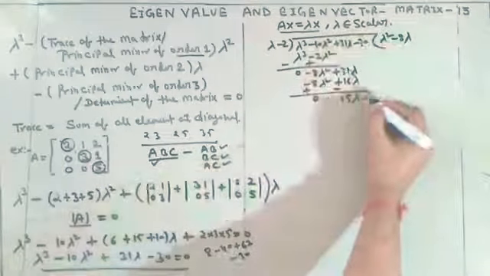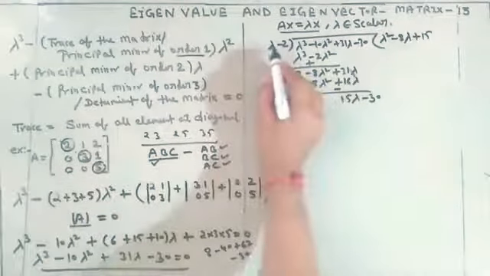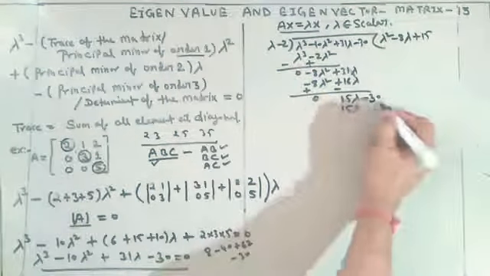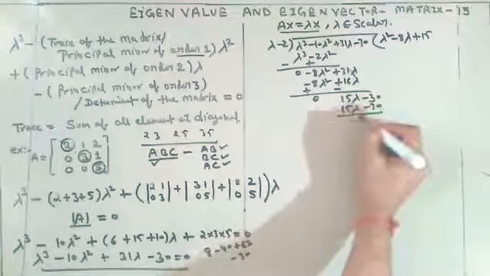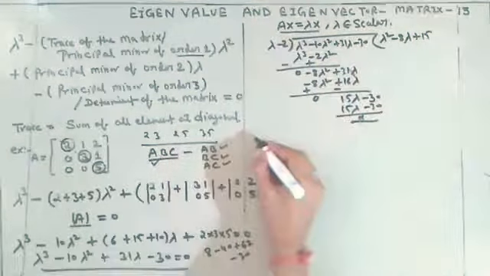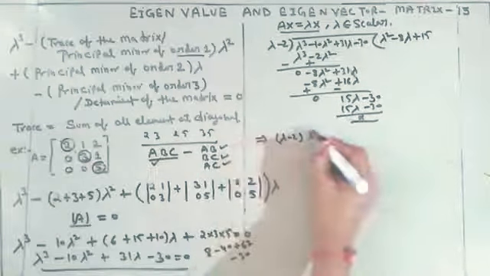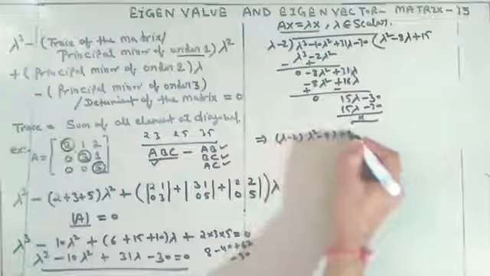Okay, this will come minus 30. So now you have to multiply by 15, then you will get 15 lambda minus 30. So it implies that your solution is lambda minus 2 times lambda square minus 8 lambda plus 15.